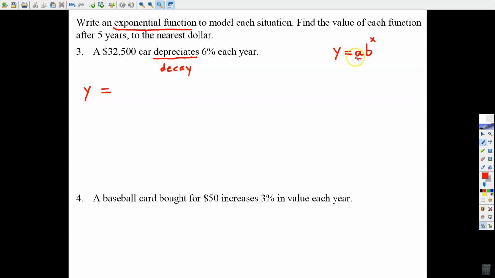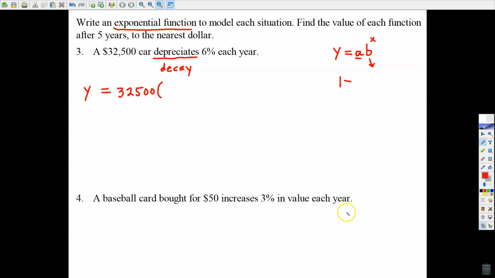All right, so I'm going to start building this function, and I'm going to plug into these variables. A is the initial value, 32,500. And we said earlier that B, in this case, is going to be a decay factor. And the way you get B is, whether it's growth or decay, it really doesn't matter. You always start with the number 1. And just remember it this way. If you have decay, you're going to be subtracting something from that. If you have growth, which is what we're going to have, just to give you a little preview of number 4, you notice that the baseball card was purchased for this amount, but it's increasing in value over time.